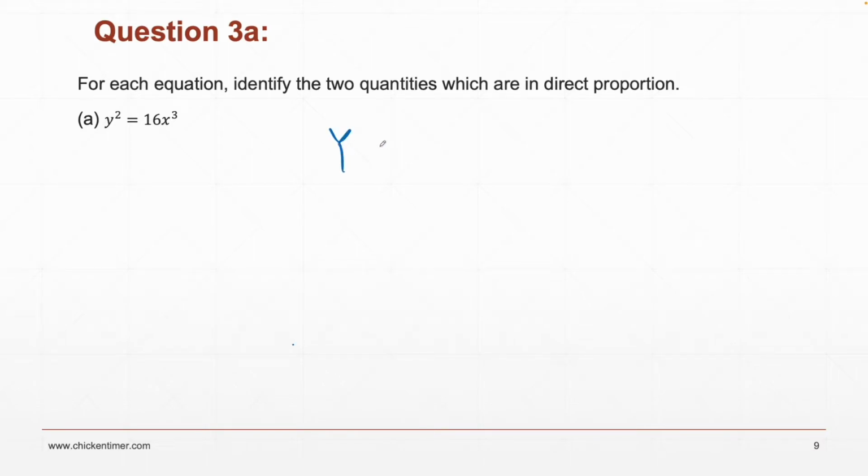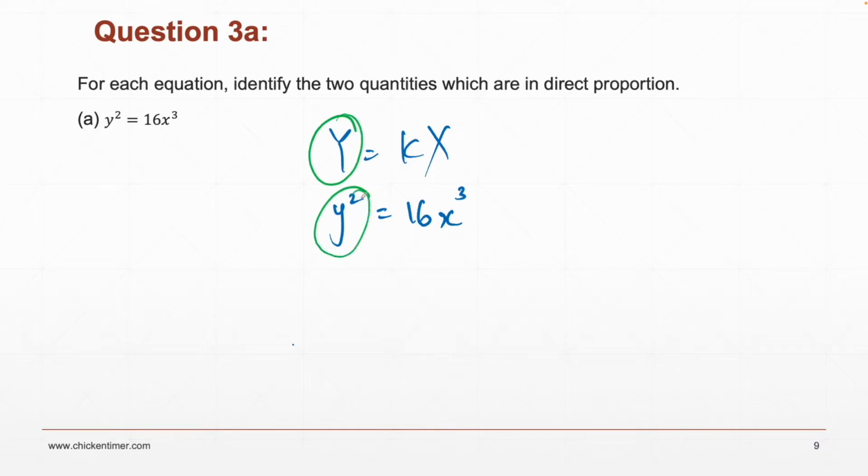So what we look at right now is the y equals kx equation again, and then we try to compare it with whatever is existing for us. Then we do the identification, say which variables will correspond to each other, so that they will have the y equals kx format.